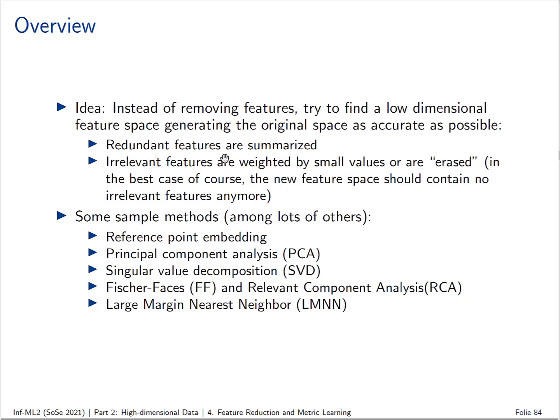Meaning that, for example, we want to summarize redundant features. Irrelevant features may also be somehow summarized, but they should be weighted by small values or even erased, in the best case, of course. So the new features may be some combinations of the old ones, and in that case we want to, of course, somehow summarize the redundant features and weight the irrelevant features very, very low. So that is the basic idea.